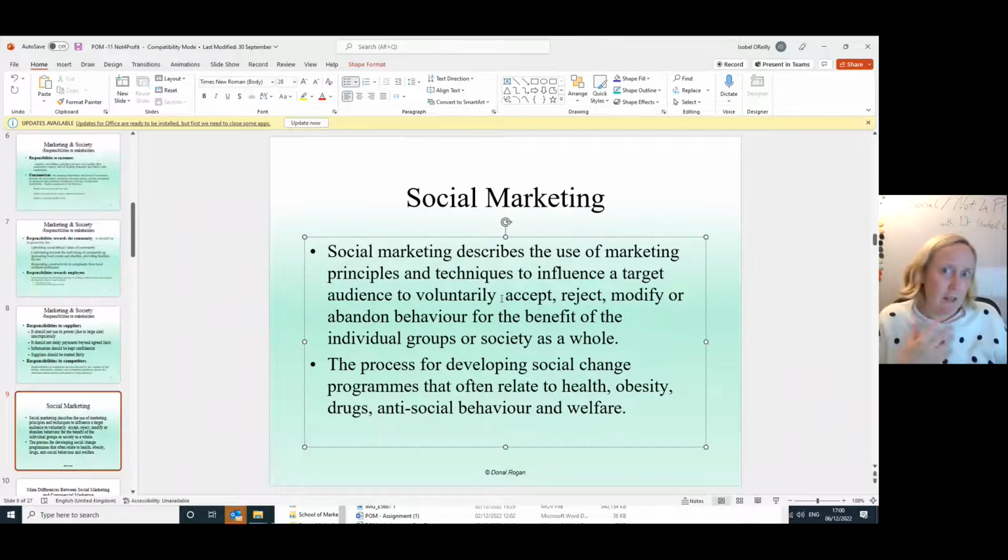So that would have a climate benefit there, to reduce the amount of electricity you use, because to produce that electricity, perhaps oil has been burned and so on. Certain amount hopefully is renewable, but large amount is not. The process for developing social change programs that often relate to health, obesity, drugs, antisocial behavior, and welfare. So they're all elements within social marketing.